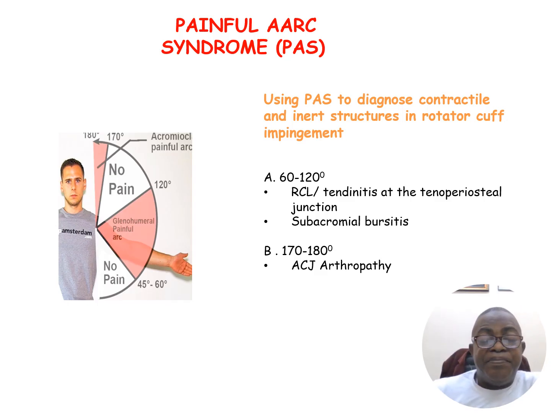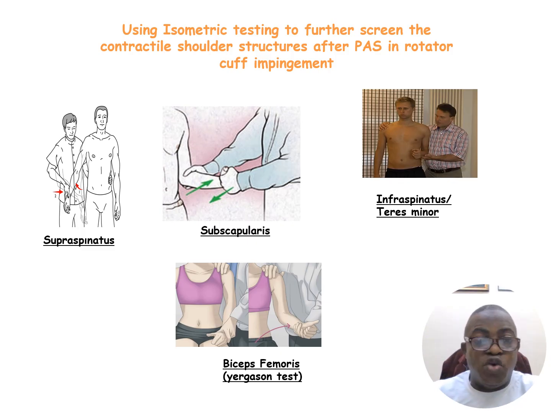So if the pain is produced during active movements between the angle of 60 to 120, you can suspect rotator cuff lesion or tendinitis, including subacromial bursitis. But if the pain comes between 170 and 180, you'll likely suspect acromioclavicular joint arthropathy.